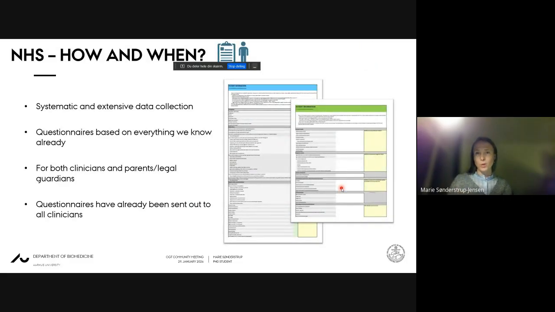And how we want to do that is through systematic and extensive data collection. We have developed these questionnaires now that are based on everything that we know already.